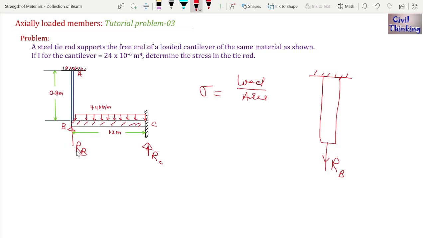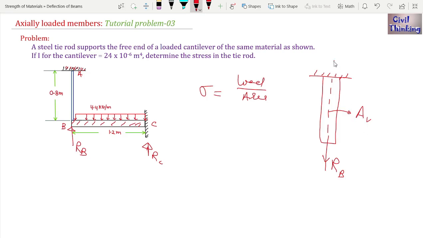This reaction of the cantilever is also the axial load for this tie, because it's passing through the axis. Let us assume the cross-sectional area of this is AV, V for vertical.